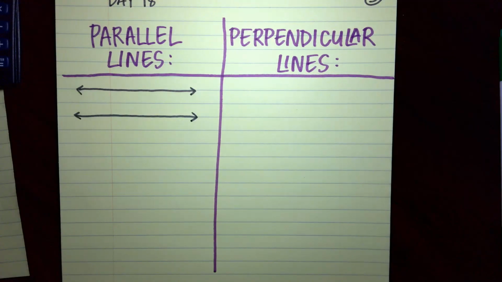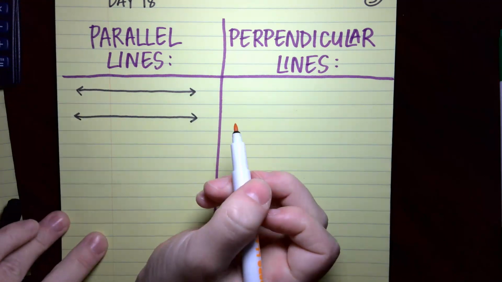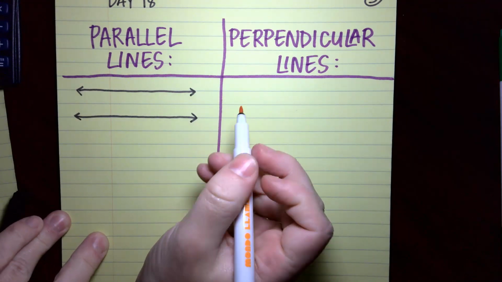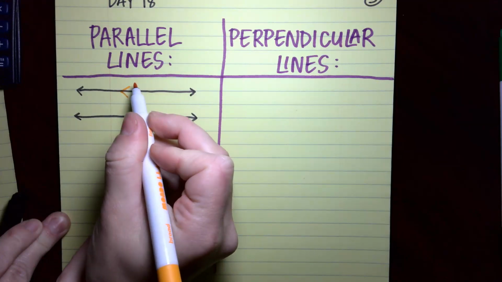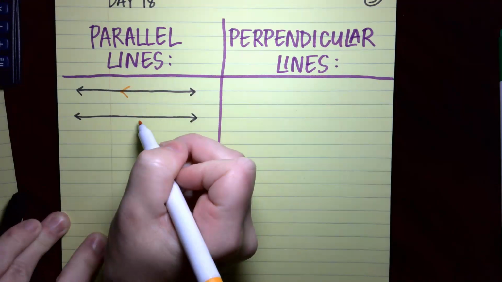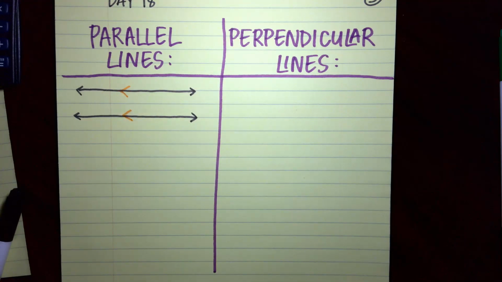These are parallel lines. And the way that we indicate that lines are parallel is we just put a little extra arrowhead in the middle of our line on both of them. So these little symbols tell us that these lines are parallel.